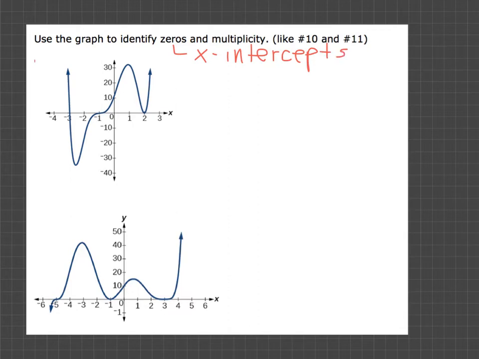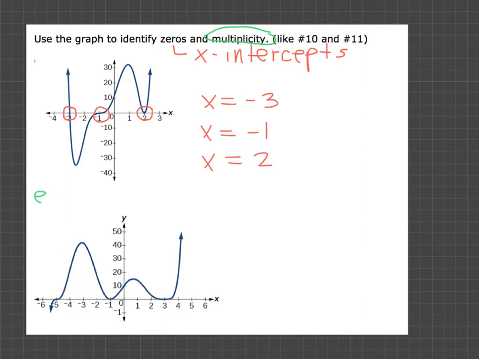we're looking for x-intercepts. So we have an x-intercept at -3. We have an x-intercept at -1. And we have an x-intercept at 2. So those are the 3 x-intercepts. Now let's find the multiplicity. So here's a reminder about multiplicity.